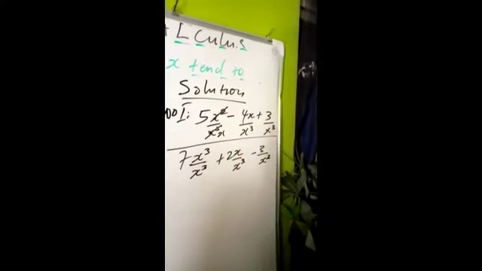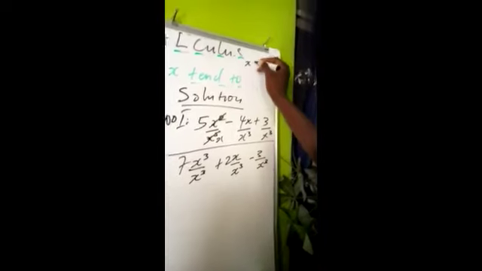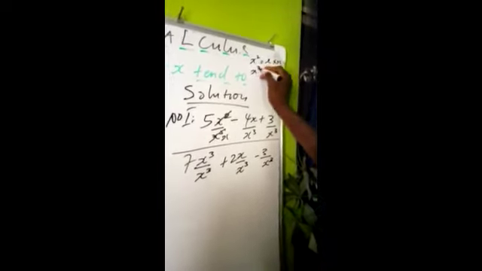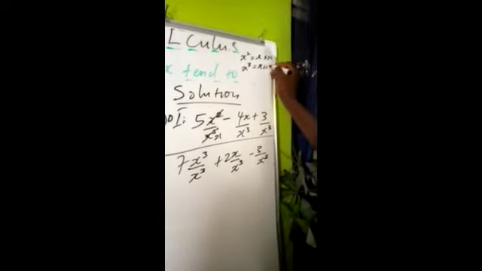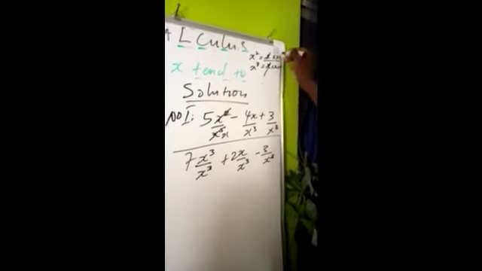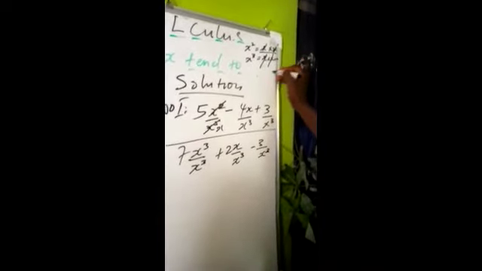Then from this point, let us simplify. You remember s squared means s times s, while s cubed means s times s times s, three times. If I remove this one, how many s remain? Only 1.